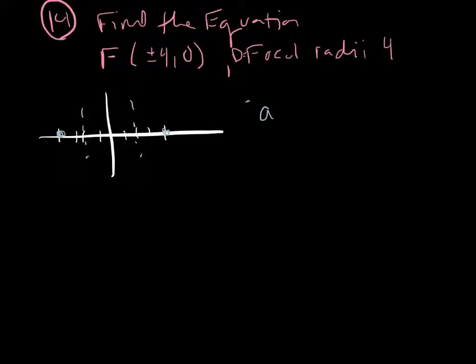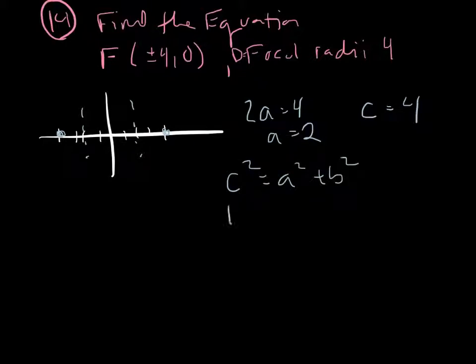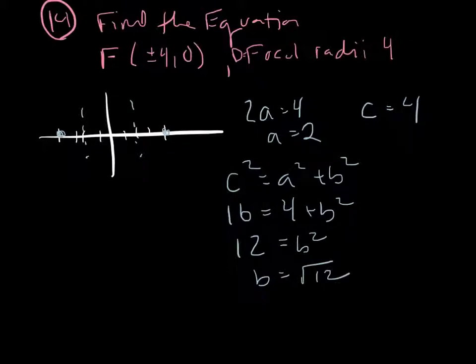So A to A is equal to 4, so A is equal to 2. And I know C is equal to 4 because our foci are 4. So remember, C squared is equal to A squared plus B squared. So 16 is equal to 4 plus B squared. 12 is equal to B squared. So B is equal to the square root of 12.